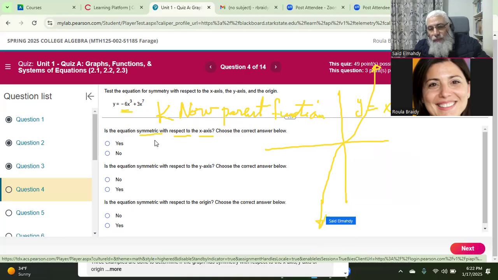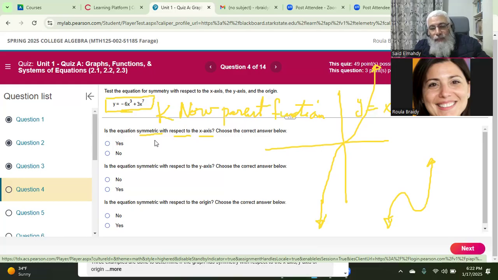This is the parent function. This is not the parent function, this is different, but it will be something near to this. It could be something like this, and so on.